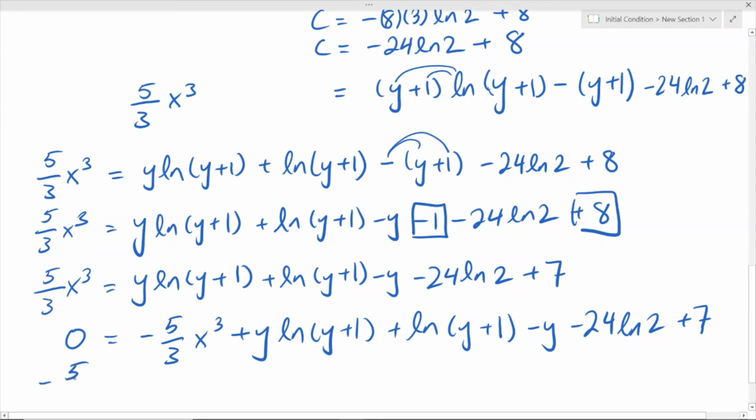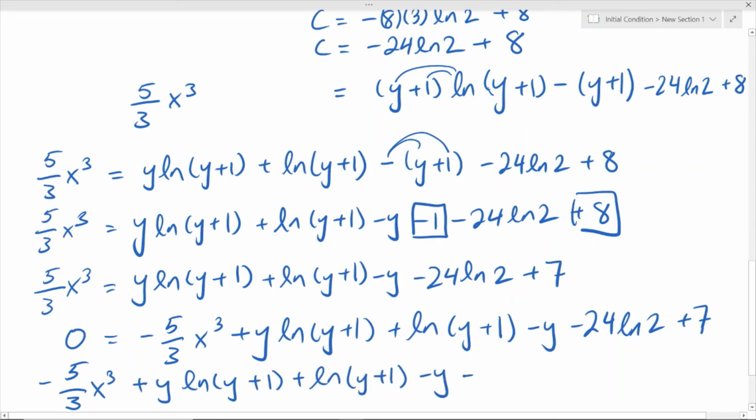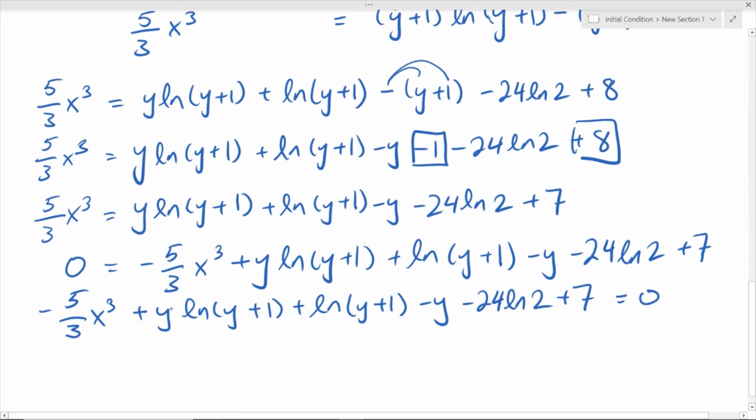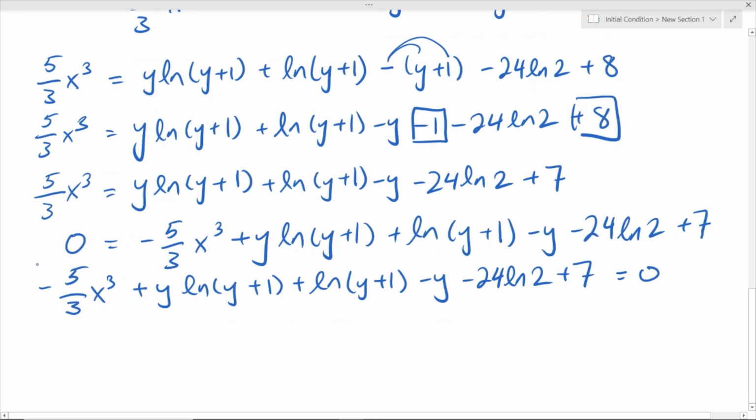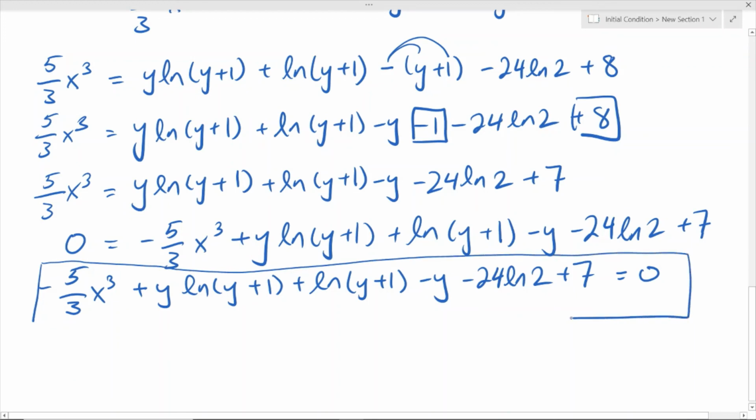So I'm going to reorganize that: negative 5 over 3 x cubed plus y ln y plus 1 plus ln y plus 1 minus y minus 24 ln 2 plus 7. And I write my 0 on this side instead, right? So we kind of switch sides. And there we have it. So this right here is our final answer to the question.